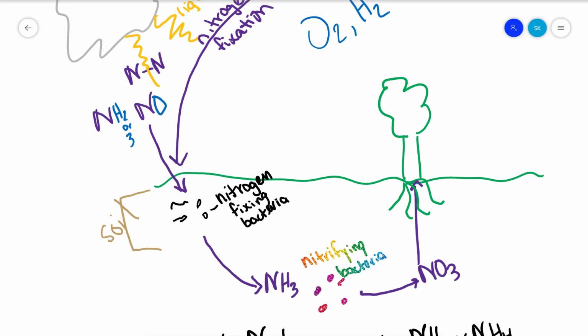So this NO3 is a form that plants can assimilate in their roots. So assimilation happens in the tree root. So plants take it in, and then that's how nitrogen actually gets in the food chain, because we know that it's hanging out in the atmosphere, but we've got to get it in the food chain.